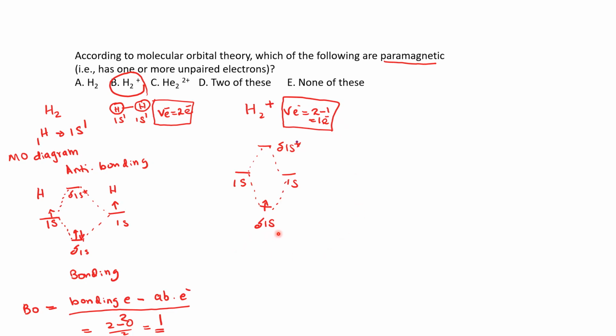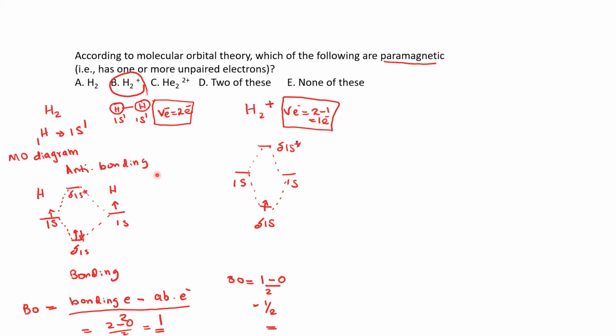So this 1 electron goes in the bonding orbital. And then let's calculate the bond order as well. You have 1 bonding electron, 0 anti-bonding electrons, and you divide by 2. That makes half. As you can see in this diagram, you have just 1 unpaired electron, and your answer is H2 plus. If you have 1 unpaired electron, that means it's paramagnetic.